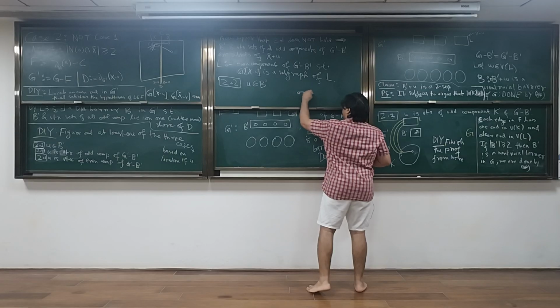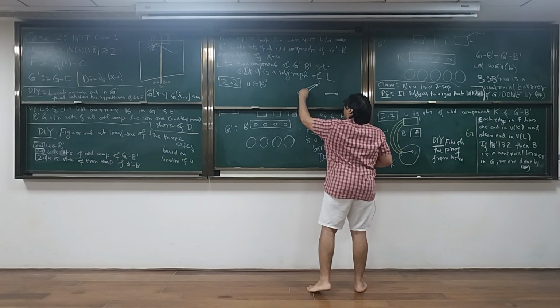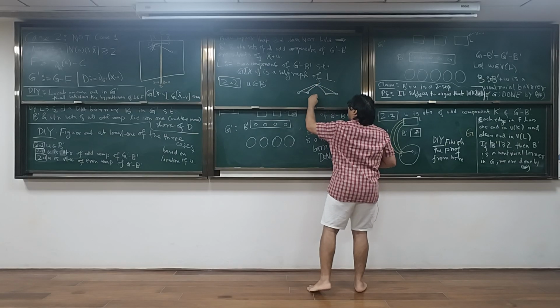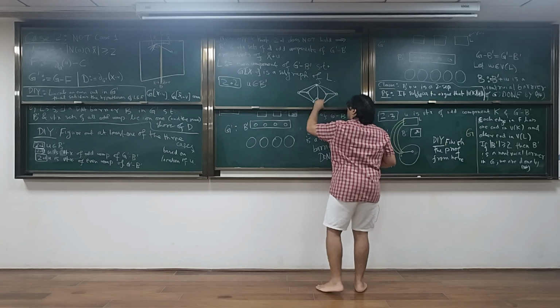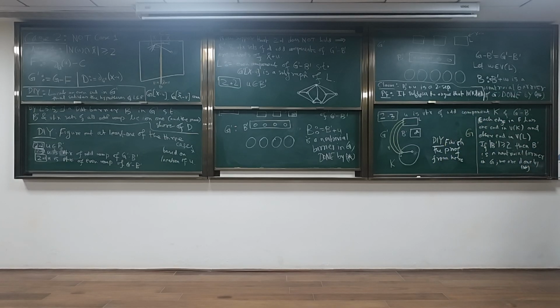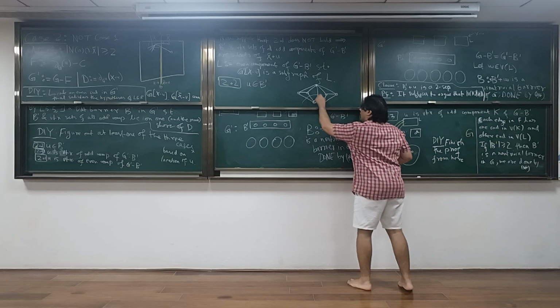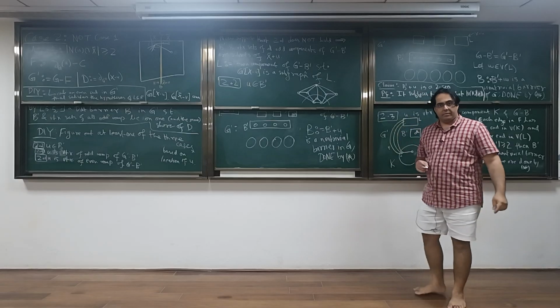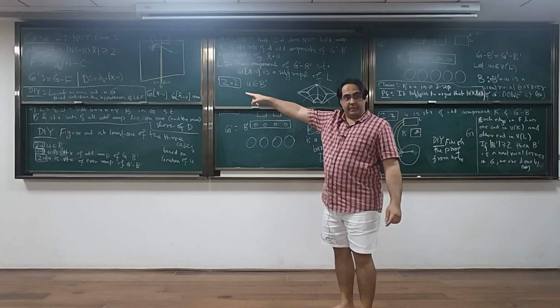It is actually related to the next DIY. This is a peripheral tight cut that is not an ELP cut. Therefore, you should be able to run the proof on this example.